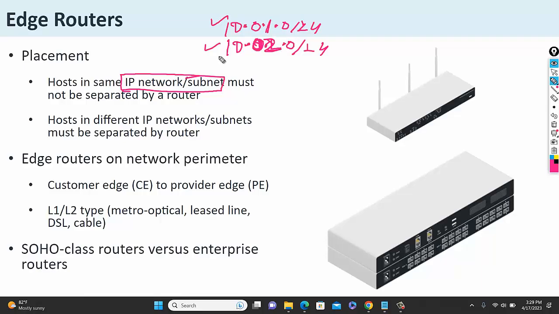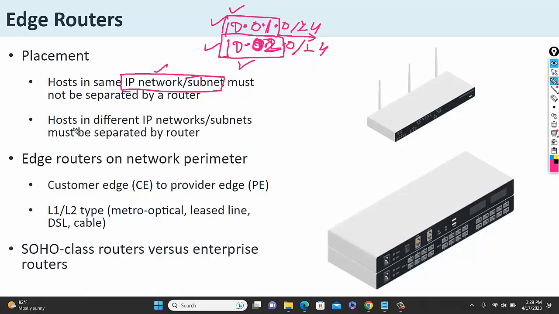Different, because /24 means these octets are considered the network, so these are different numbers. In this case, networks with different subnets can be connected with a router, but the same network or the same subnet cannot use a router.